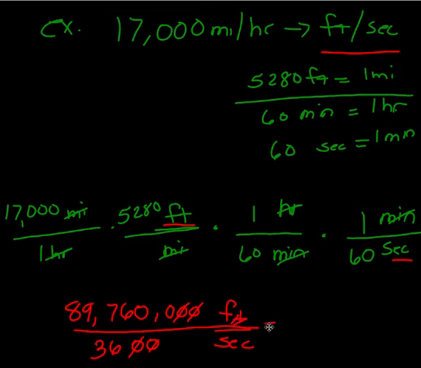So what I'm left with is, let's rewrite our number so we can see what happens. 7, 6, 0, 0. So now we've brought that down to 897,600. And we need to just divide that by 36.